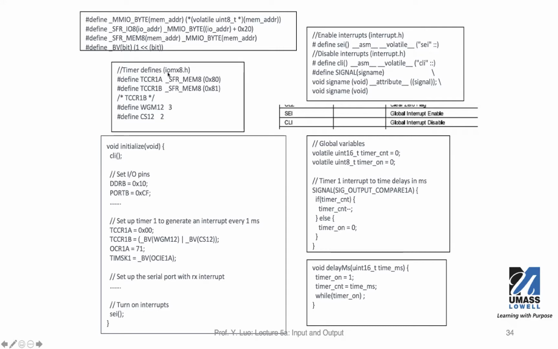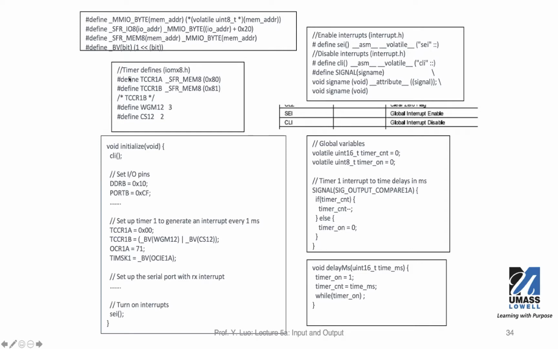Again, these file names are not important, but this definition line defines, in C syntax, a symbol, and it's coming from another symbol, _SFR_MEM8. SFR stands for Special Function Register, MEM8, so it's an 8-bit register mapped in a memory address. The parameter here to this macro, another macro, is 0x80.